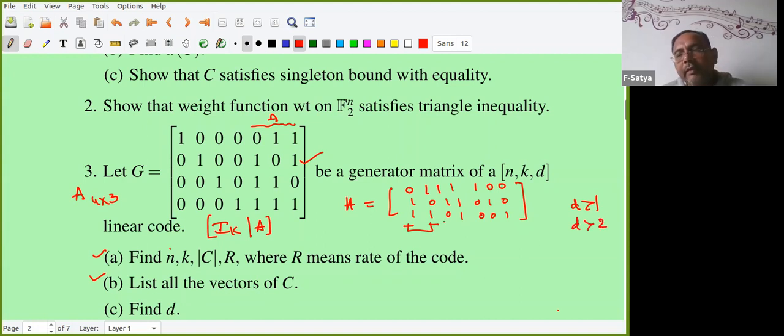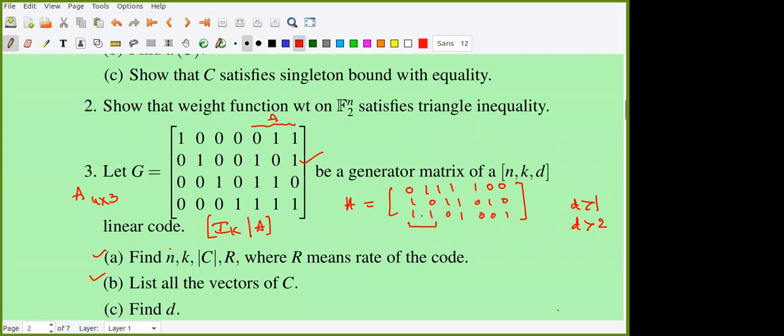Now, are three vectors also linearly independent here? If you find three vectors, are they linearly dependent? What is the sum of these two? 1, 1, 0.